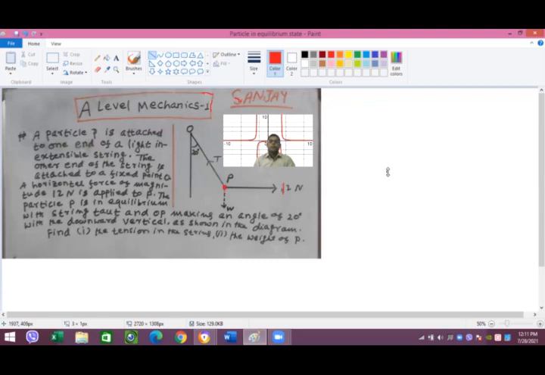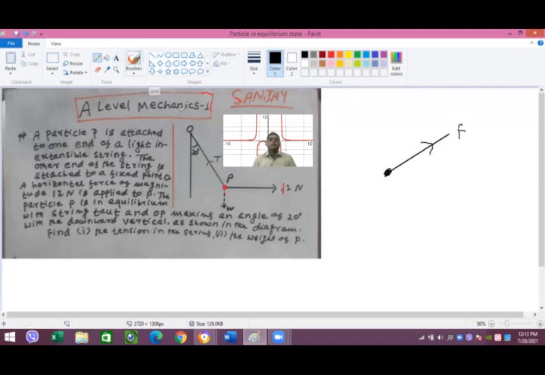So let's suppose one example. Say this is a particle, and a force of F Newton is applied on this particle along this direction.